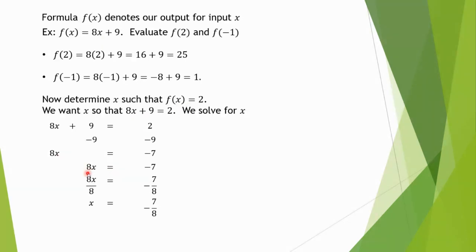We don't want 8x, so we divide by 8. And we get x then is minus 7 over 8. So this is our x. So from here we get that f of negative 7 over 8 is equal to 2. That's what this is saying.